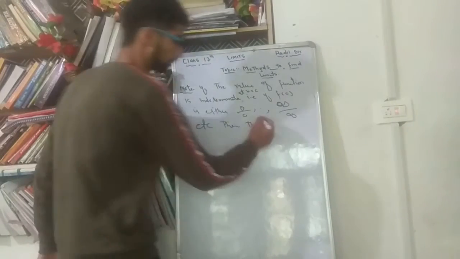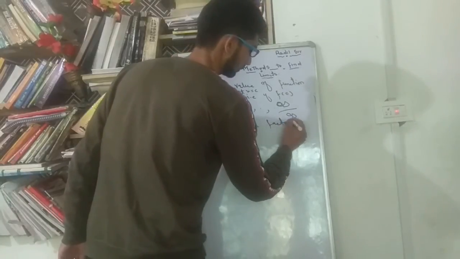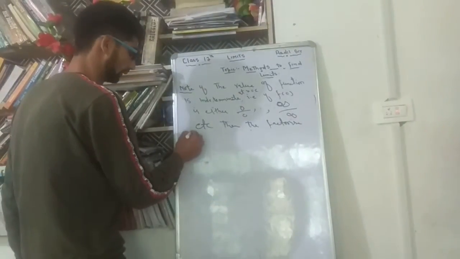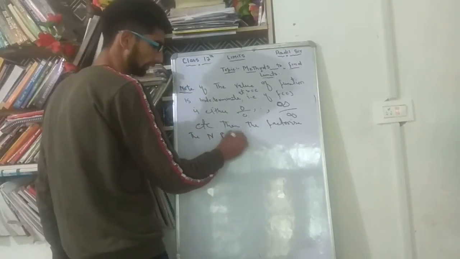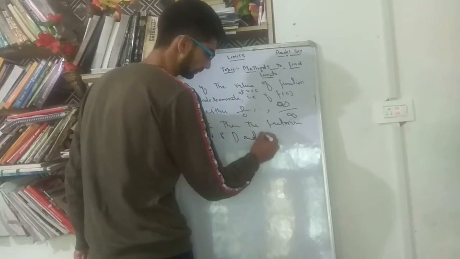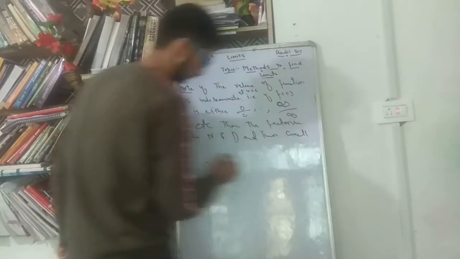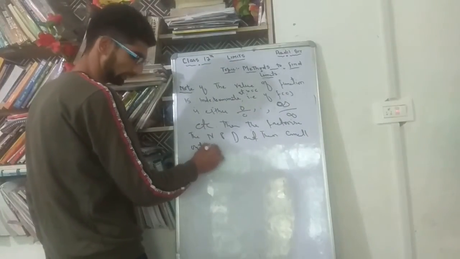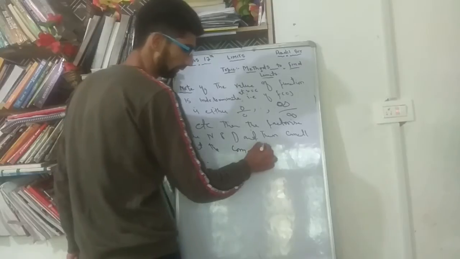Then factorize this numerator and denominator, and then cancel out the common factors.